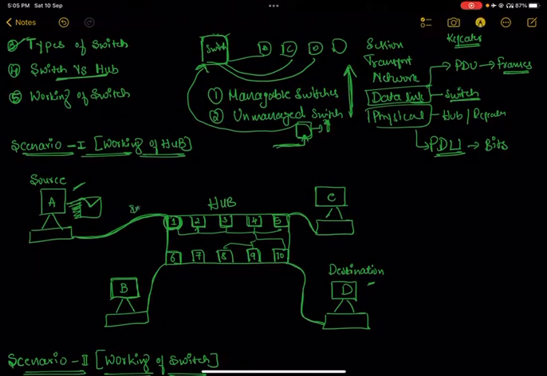For this incoming port, the packet or the frame wouldn't be broadcasted, but to the rest of the ports it would be broadcasted. And this is how system C would also be able to see a packet that A has sent. Of course, D would see that because D is our intended destination, and B would also see our packet.